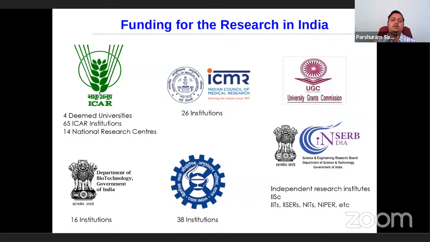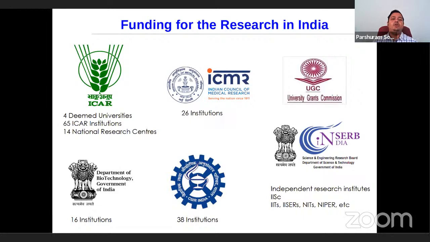All these bodies, even the UGC as well as the ministry, MHRD, have a lot of institutions such as IITs, IISERs, NITs, NIPERs, and so on. Apart from that, there are independent research institutes such as IISc, the Indian Institute of Science, located in Bangalore, or institutes like NCBS, also in Bangalore.